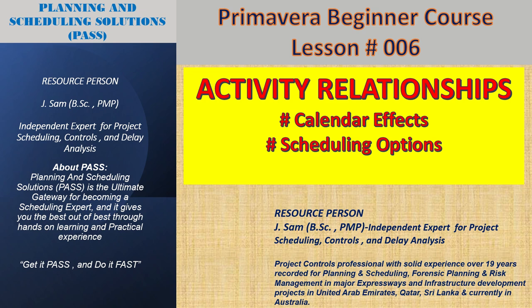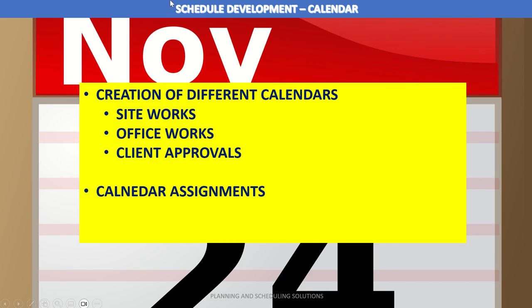Usually in project scheduling, when you use Primavera P6 as your scheduling tool, we need to assign some calendars. It could be a single calendar, but could be different calendars depending upon your project requirements.